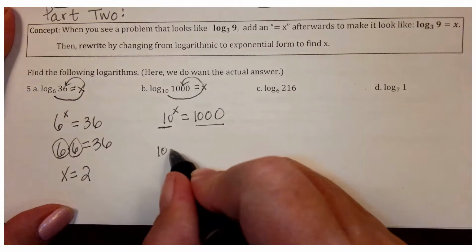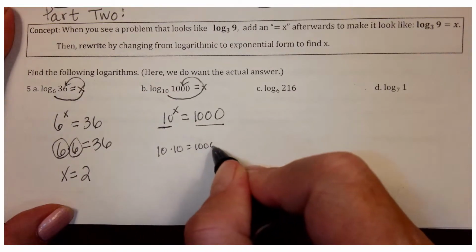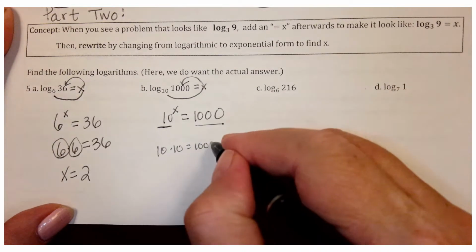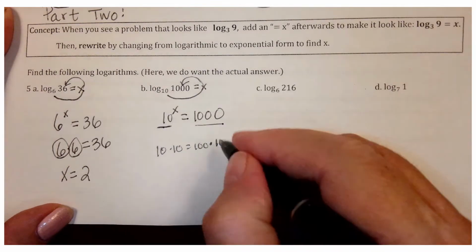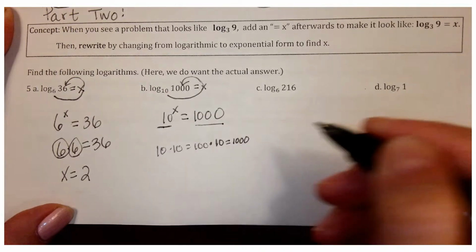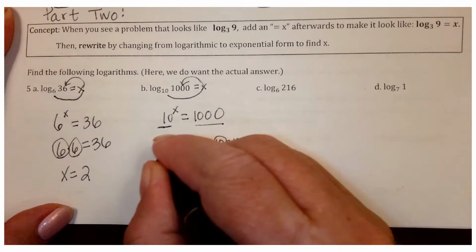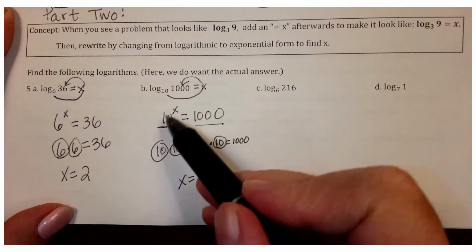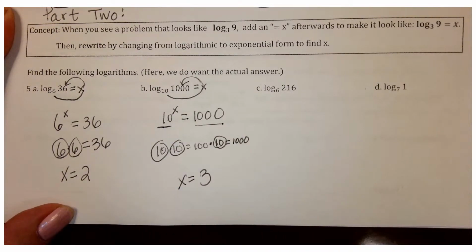So 10 times 10 is 100. Times 10 is 1,000. So how many 10s do we have? 1, 2, 3. So the answer here is 3. And think about it, if I put 10 to the third in the calculator, you should get 1,000 out.